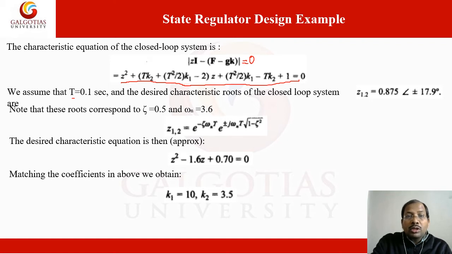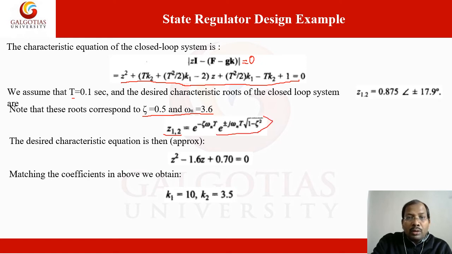Then we come to choosing the desired values. We want a system having damping ratio 0.5 and natural frequency 3.6. Based on this, we can design the discrete pole locations, meaning the Z map in the unit circle. That is equal to e to power minus delta omega n T, times plus or minus e to power j omega n T square root of 1 minus delta square.